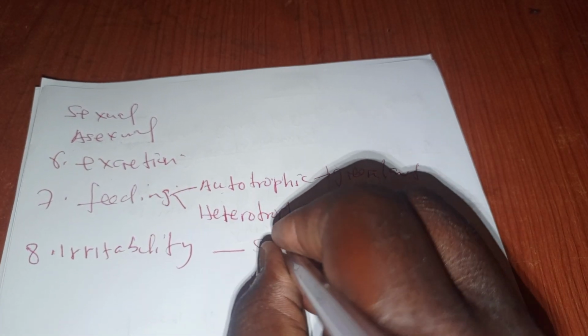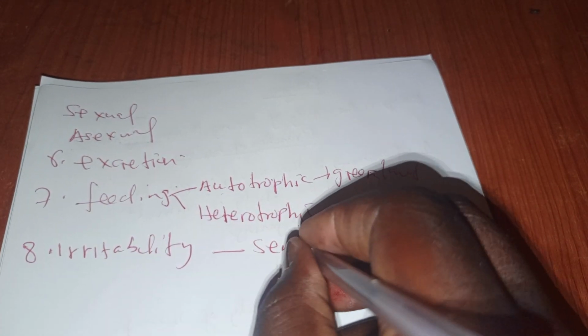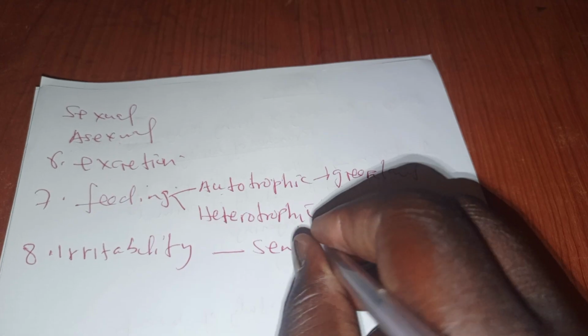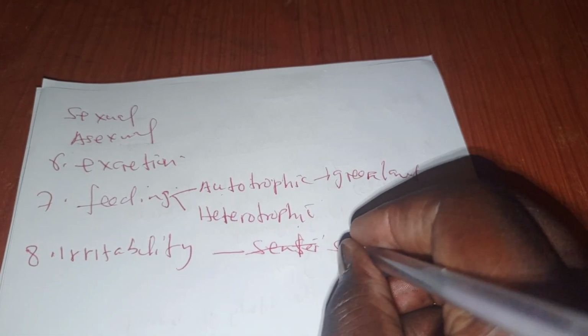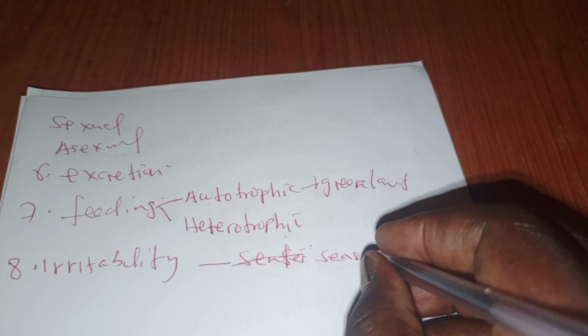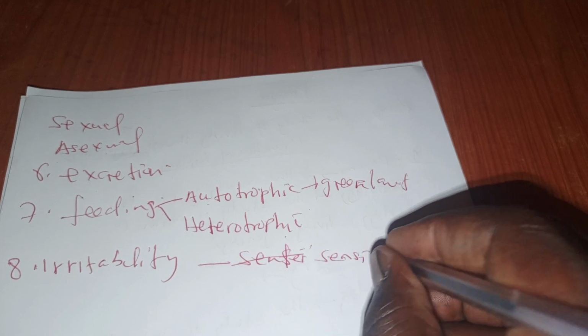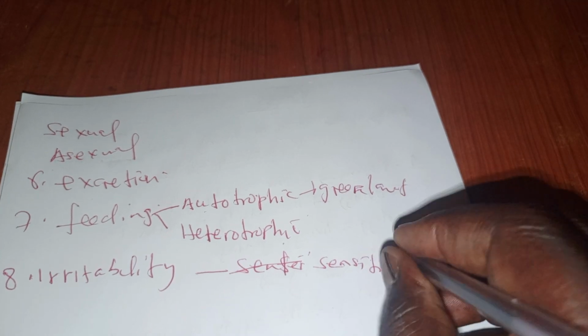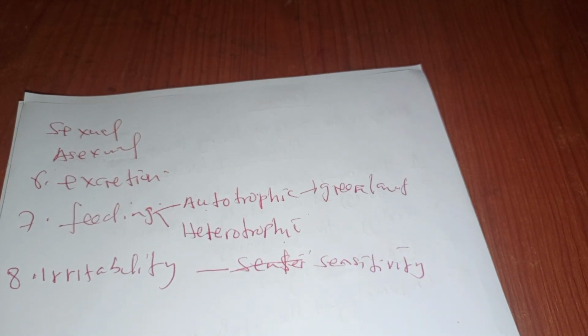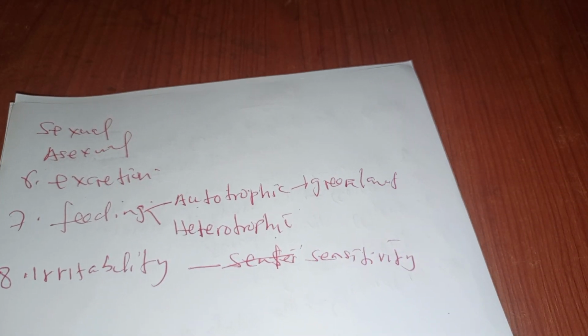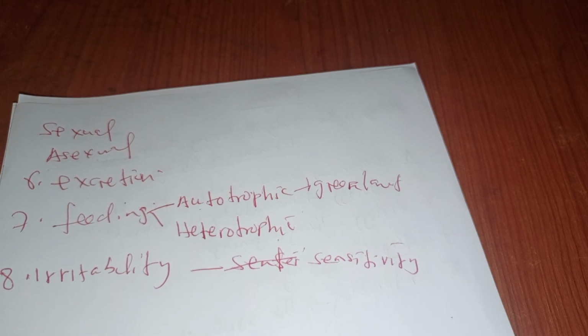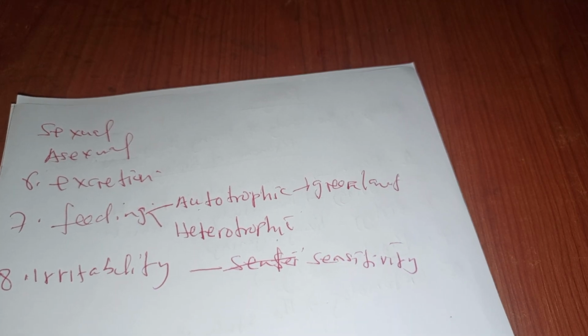Hope I'm correct with the spelling. It is also called sensitivity. Sensitivity, which is also called irritability, is the ability to detect and respond to stimuli.